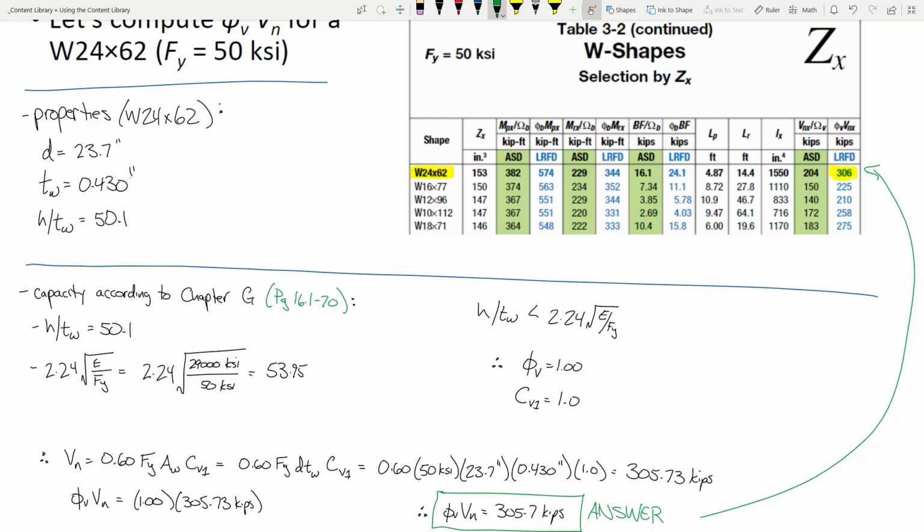Tension field action is very, very interesting in the land of shear design. It's kind of a nuts thing when you first hear about it, but it's really cool. You can actually do it in the lab and see that this happens. So the idea is that here's the I-beam, right? So let me put those flanges here.